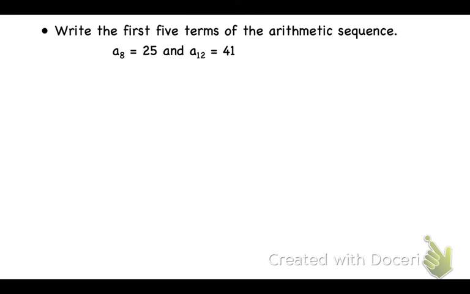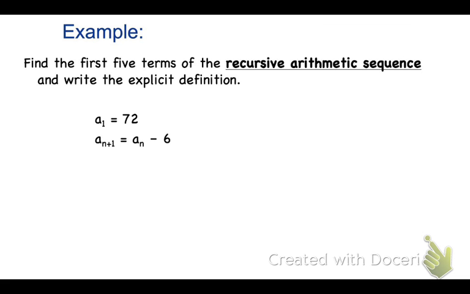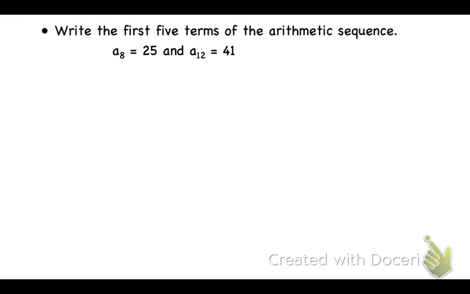Okay, so we have 8 and 41. A sub 8, and then I had, instead of saying A sub 12. Okay, so what are we going to do first? Move back. Throw it back.